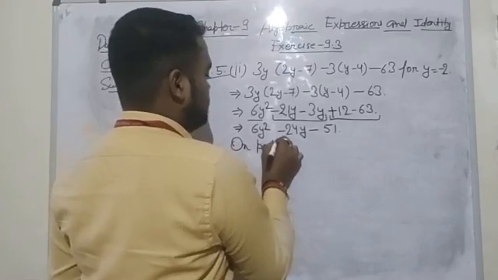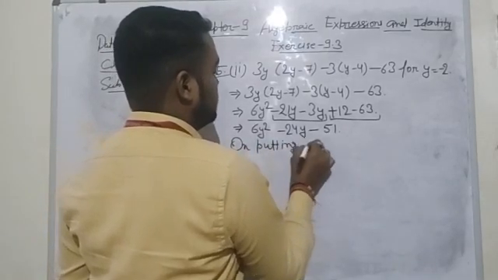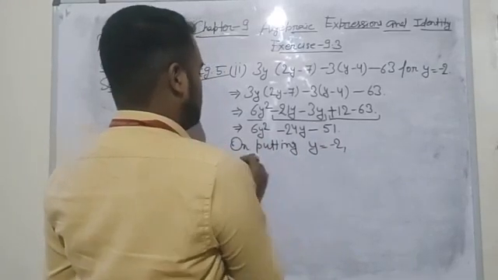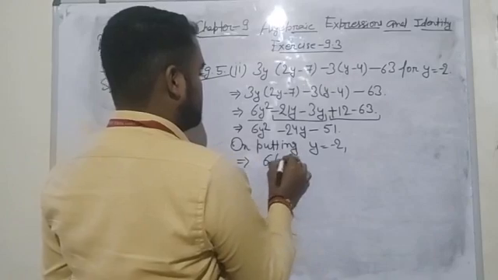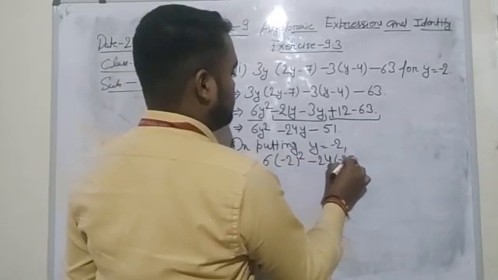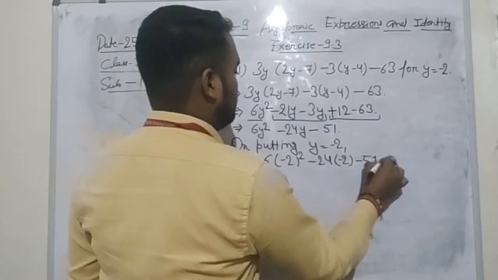Now we put the value. On putting y equals to minus 2 in the following expression: 6(−2)² − 24 × (−2) − 51.